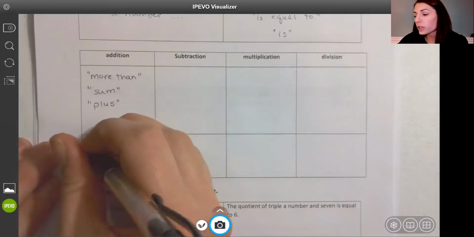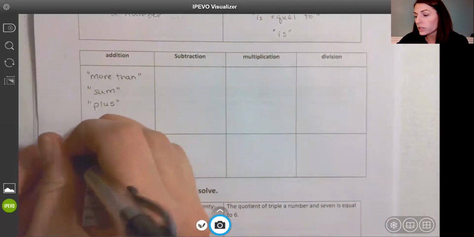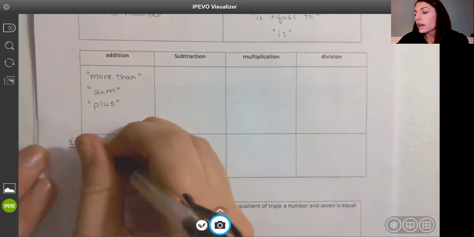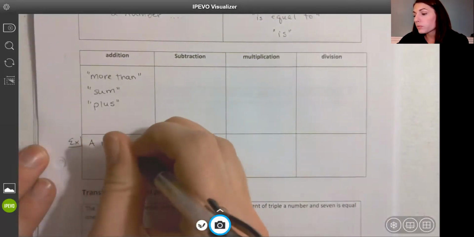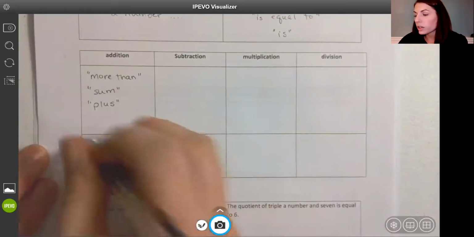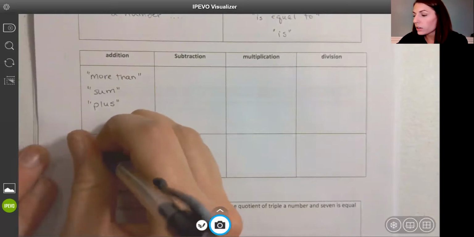So we're going to have sets of examples down here. I don't want that as our example. Let's take that out of there.